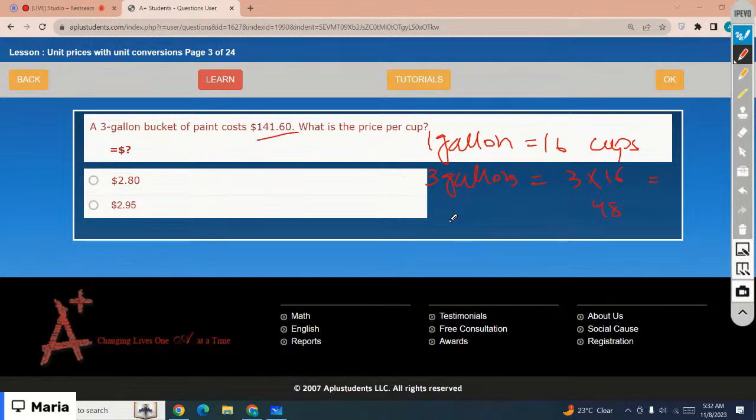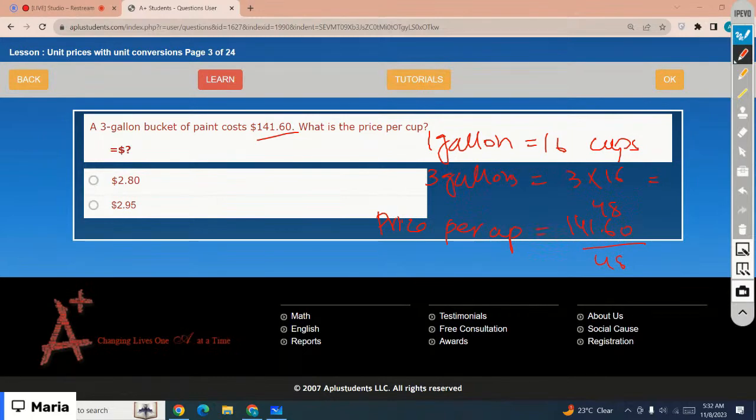So you have to divide 141.60 by 48. So price per cup is 141.60 divided by 48. So which is the correct option?